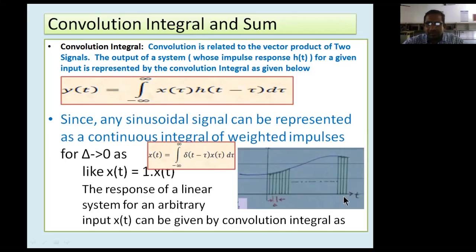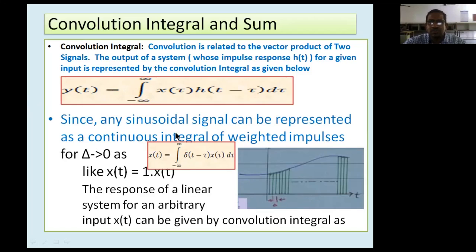What is minus infinity to plus infinity? See, this signal is ranging from this value, imagine that it is minus infinity, and it is going to be plus infinity if you consider from this value. Or otherwise, if you consider the sample values from this location, we say this is minus infinity and extending up to plus infinity. Like that, for a continuous signal, we can represent the entire continuous signal response using y of t is equal to the integral.